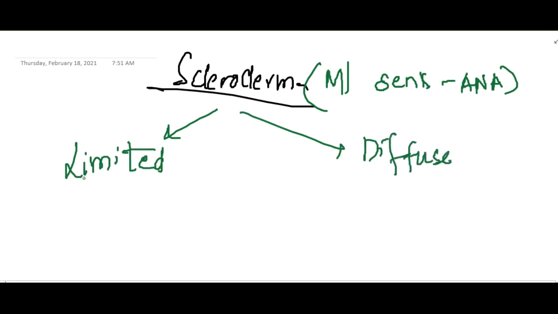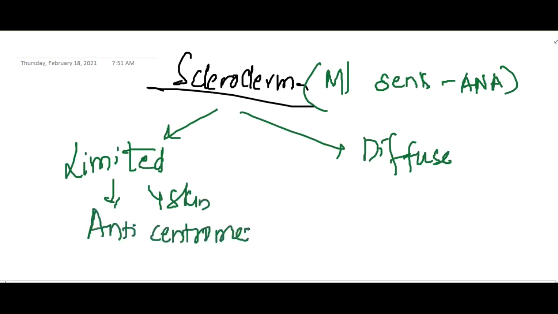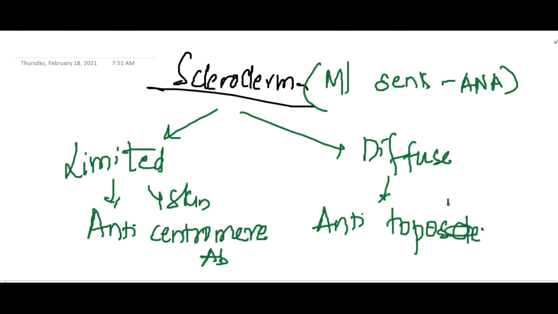Limited scleroderma is present just in the skin and involves anti-centromere antibody, whereas diffuse scleroderma involves anti-topoisomerase antibody. Diffuse scleroderma involves all the organs of our body.